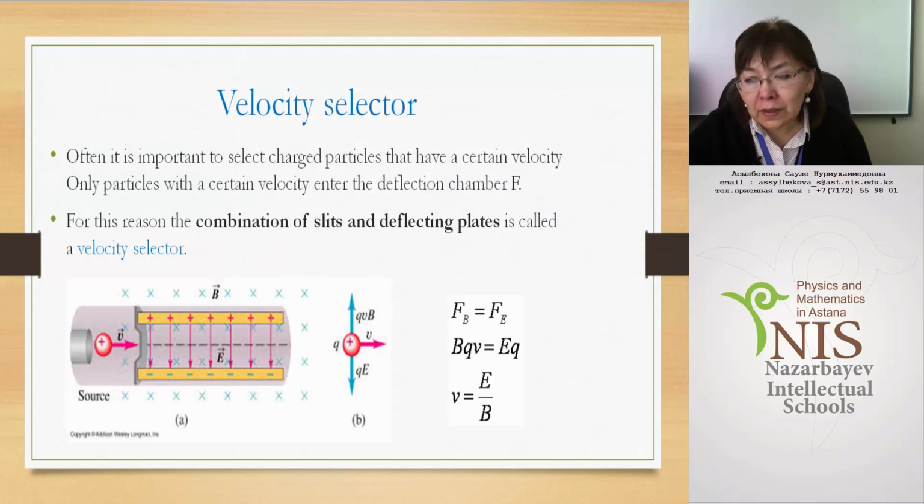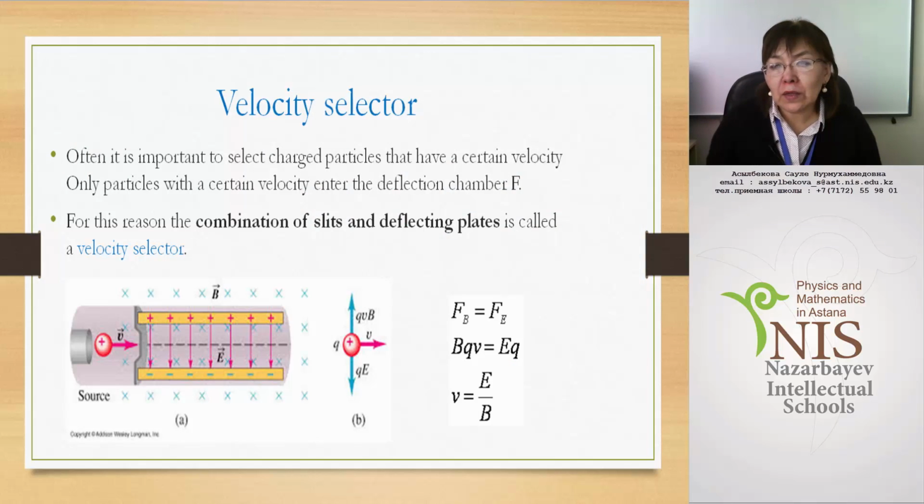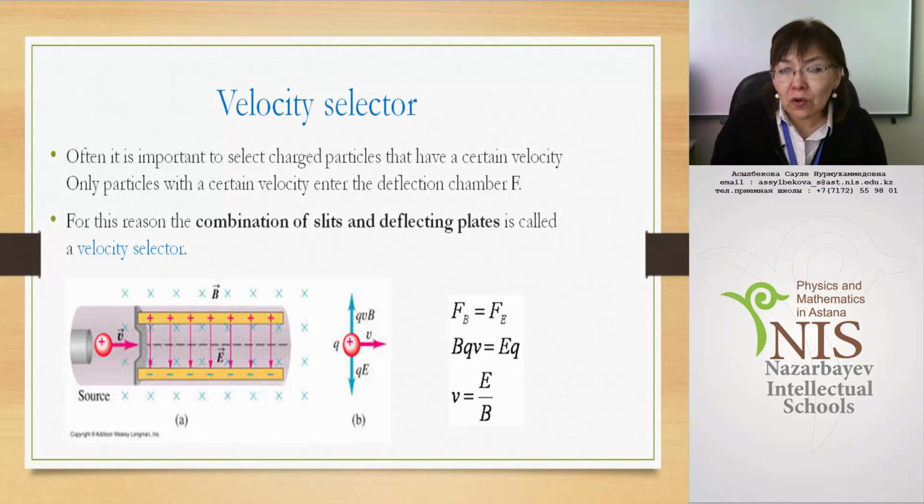But an interesting thing where we can use the idea of Thomson is so-called velocity selection. Very often it is important to select charged particles which have a certain velocity, and the chamber is constructed this way using the idea of Thomson, so that only particles which have a certain velocity can enter the deflection chamber.